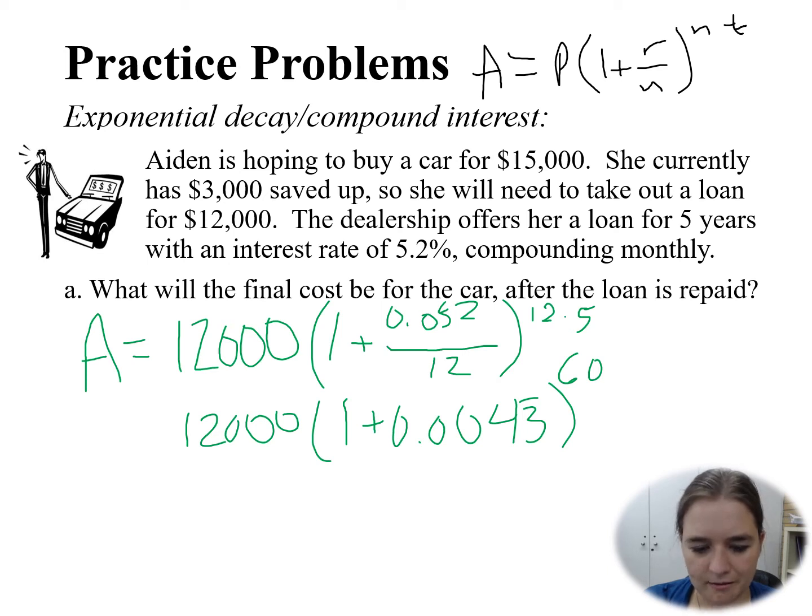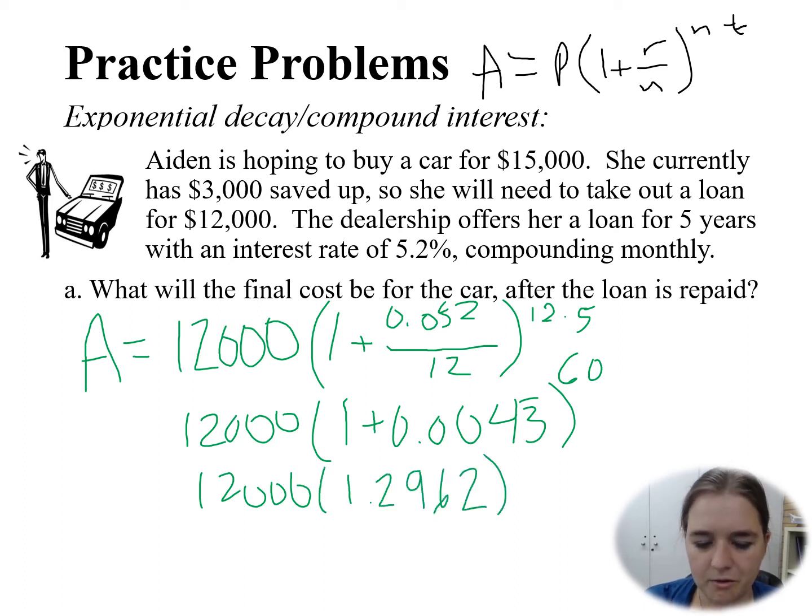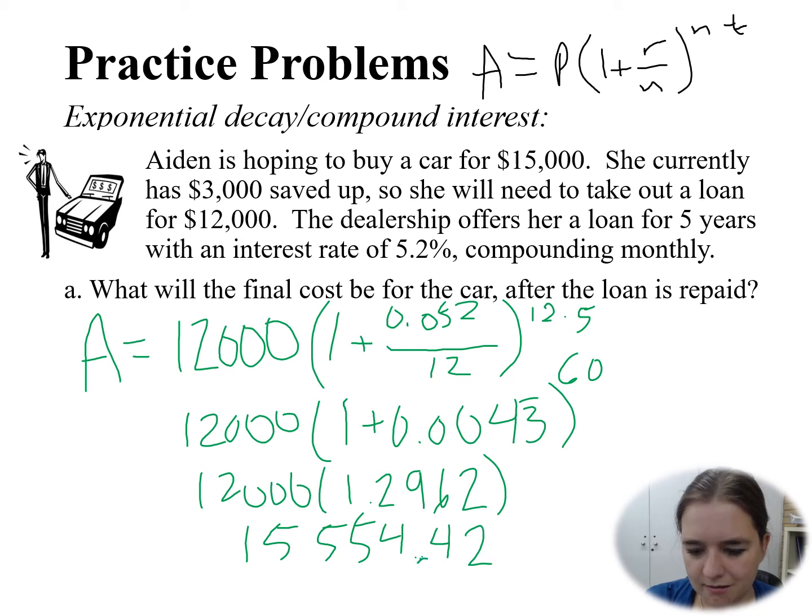If I keep going here, 1 plus that inner stuff raised to the power of 60 gives me 1.2962. If I multiply by 12,000, I get a value of 15,554.42. I'm going to round to the nearest cent here because I'm talking about money.